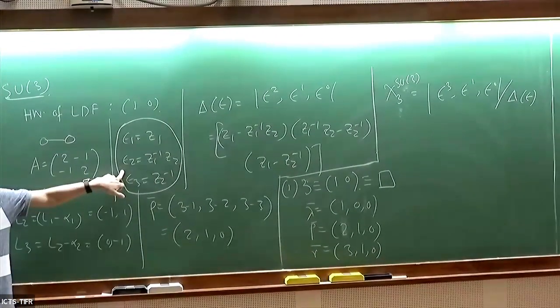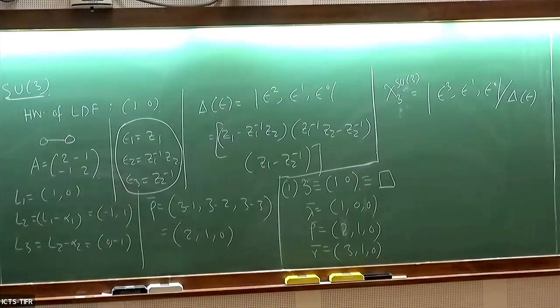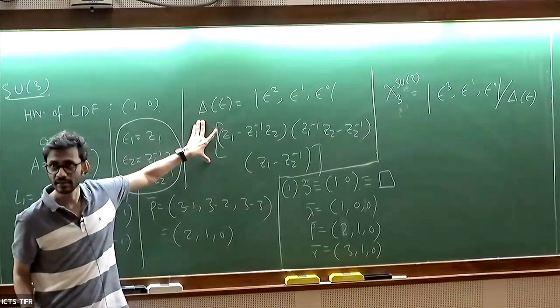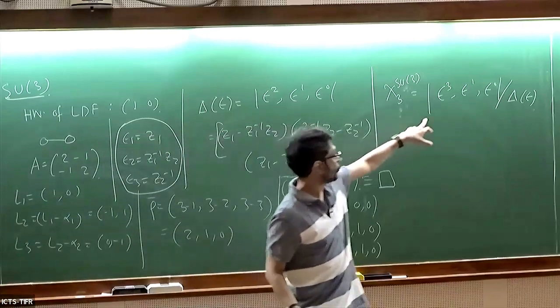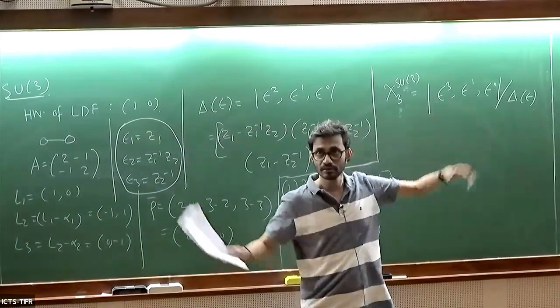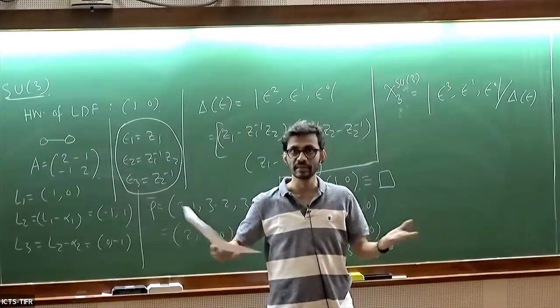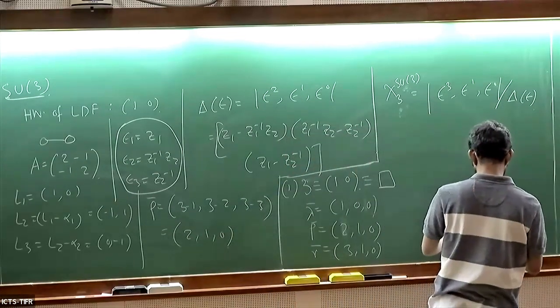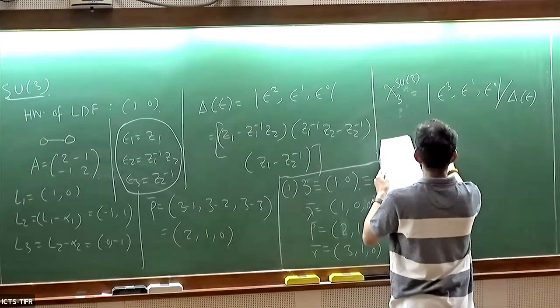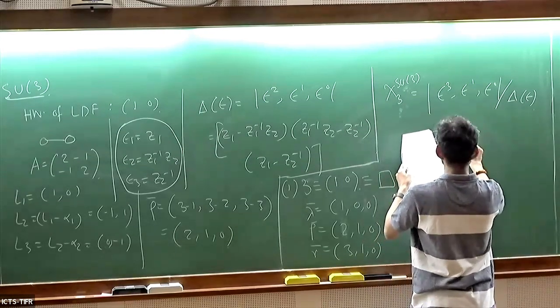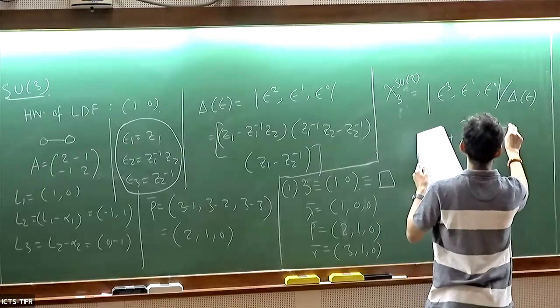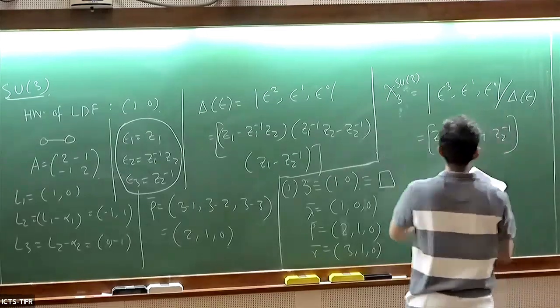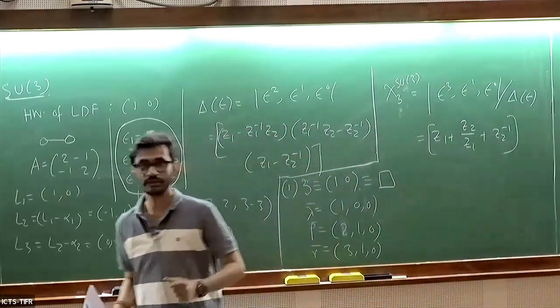This is the way all my epsilons are related in terms of Z. What is my delta epsilon? Delta epsilon is here, okay? And I know the expression of this, right? The same way we expand this and calculate the determinant. If you calculate the determinant, what you will find is Z1 plus Z2 by Z1 plus Z2 inverse. So this is my character function.